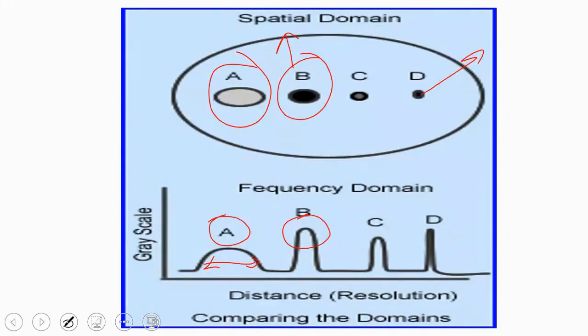Because the size is smaller, the broadening of the peak decreases. Here, it's low, and the size is smaller. A smaller size means the width decreases, and the peak is lower because the count is lower. Here, the count is higher in D, but the size is smaller, so this broadening is less.